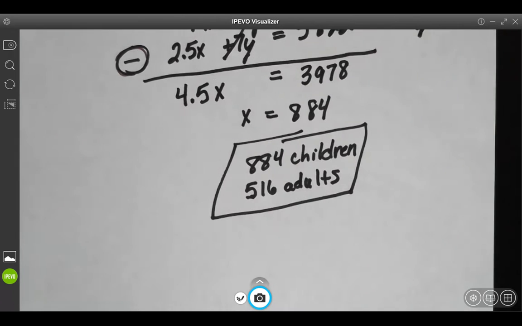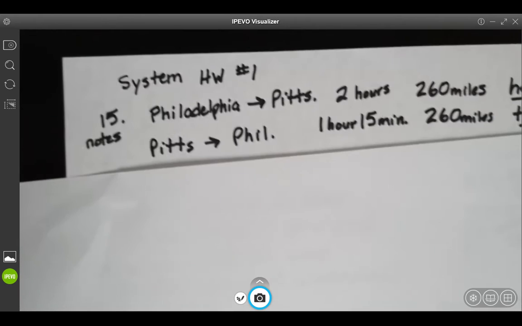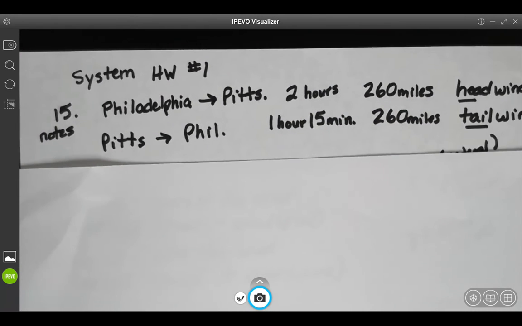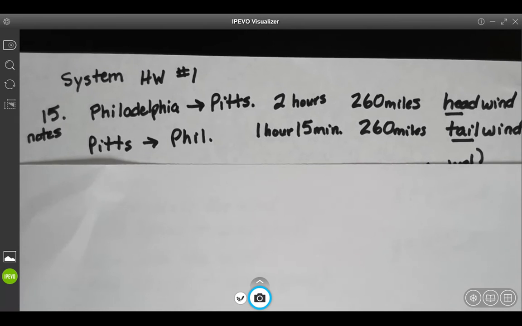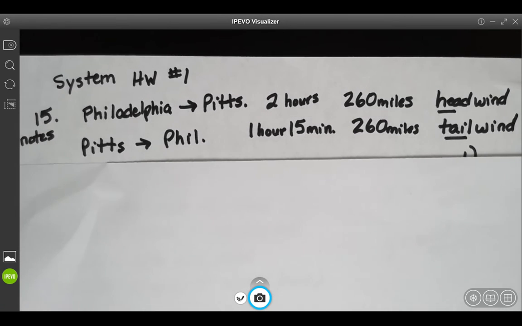Well, let's take a look at one more problem. Let's take a look at number 15 on the notes. Here's the information they give us for this problem. We're going to be flying from Philadelphia to Pittsburgh.